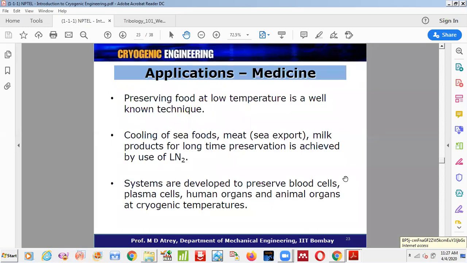Then, preservation of food at lower temperature is a well-known technique. I just told you the other day about CFTRI in Mysore, I think the only one in India extensively meant for food processing units, where food preservation at lower temperature is a well-known technique.